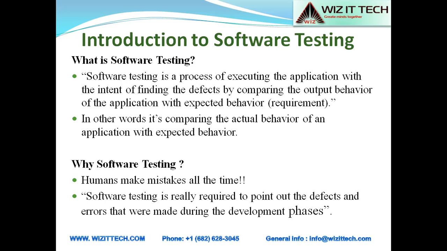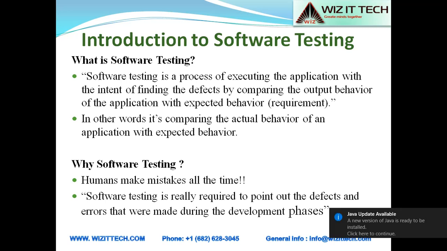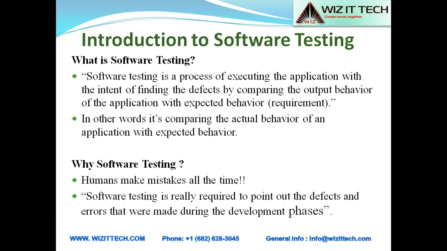By comparing the output behavior with the expected behavior of an application. How can we know the expected behavior? Expected behavior is understood based upon the client requirement or user requirement. In other words, it is comparing the actual behavior of an application with the expected behavior. That is called software testing.